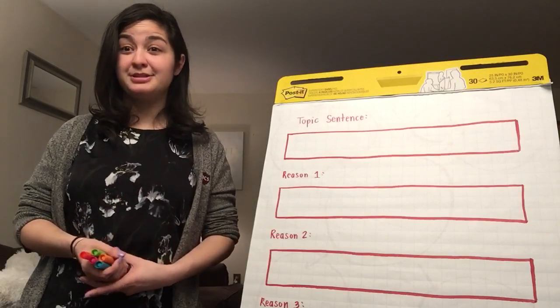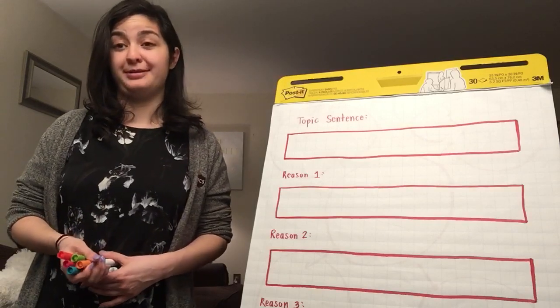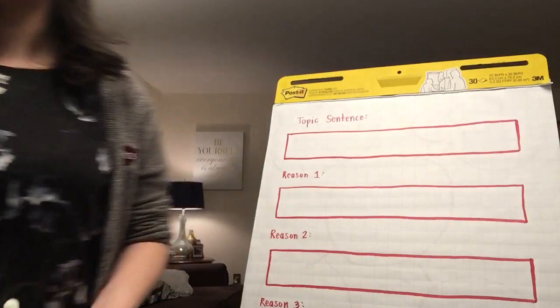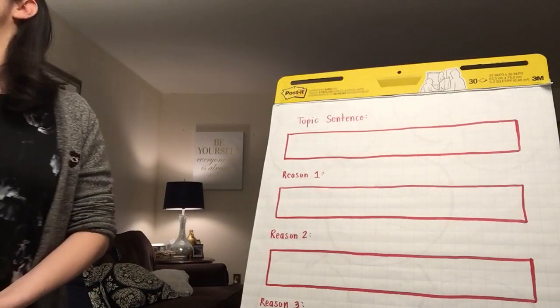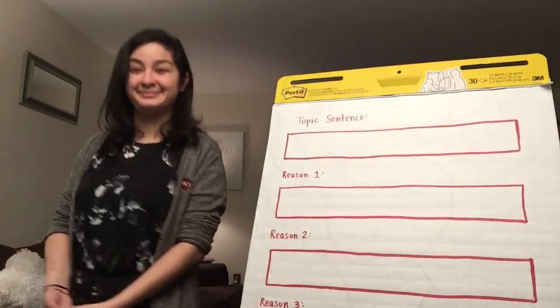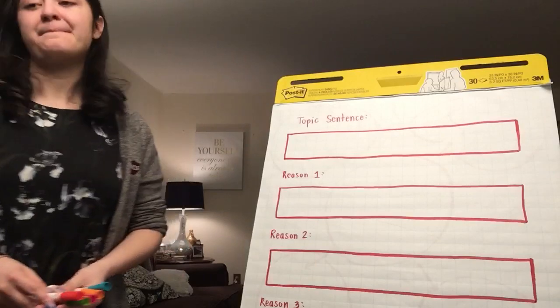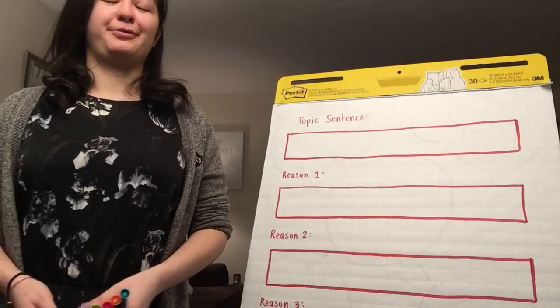Again, turn and tell that person next to you why you think writing a plan is so important. Take 15 seconds and do that now. All right. I know there were some great answers.